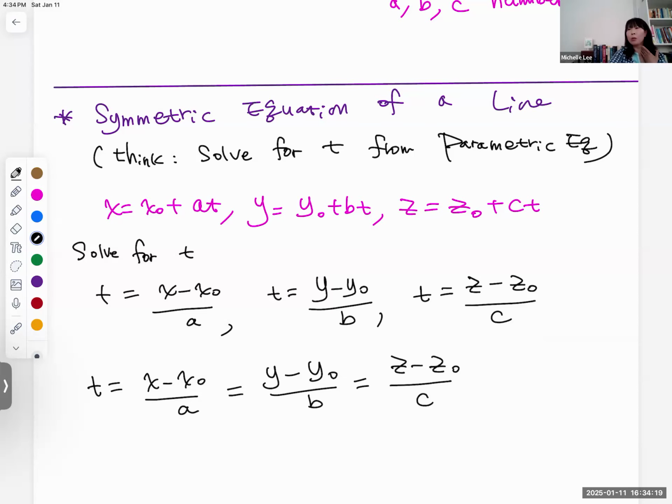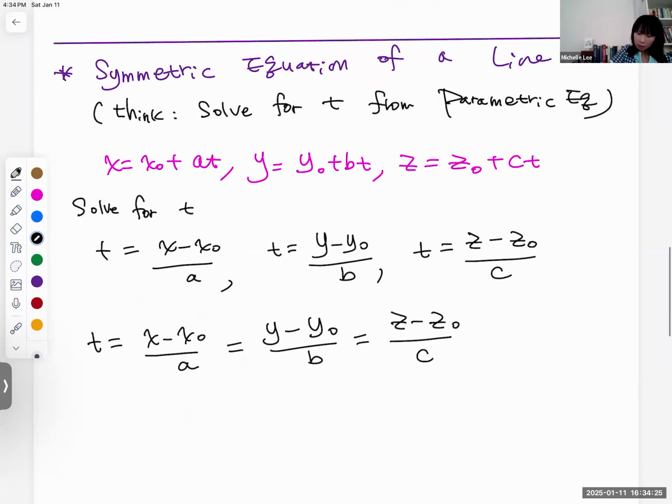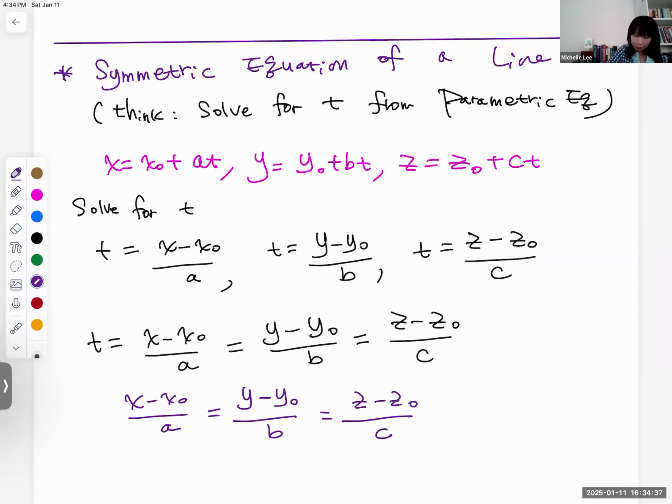Normally we don't put the t, so the symmetric equation will be x minus x naught over a, equal to y minus y naught over b, equal to z minus z naught over c.